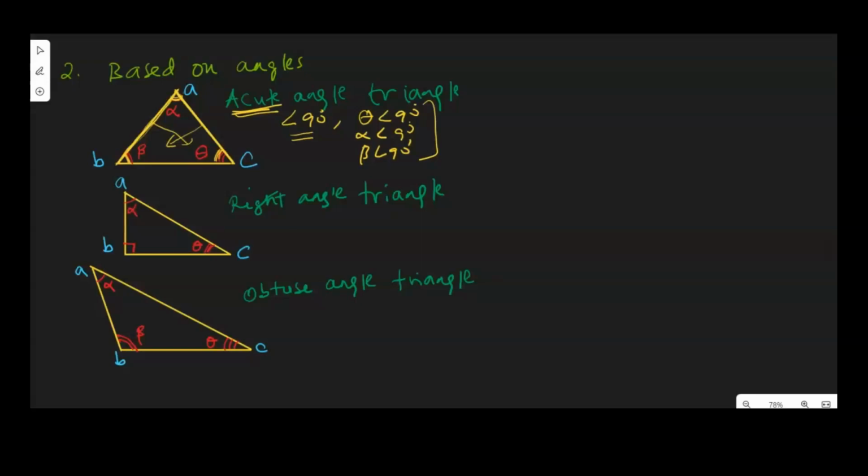The second type of triangle based on angles classification is a right angle triangle. So the right angle triangle is a type of triangle that has one of its angles equal to 90 degrees. So one of its angles is 90 degrees.